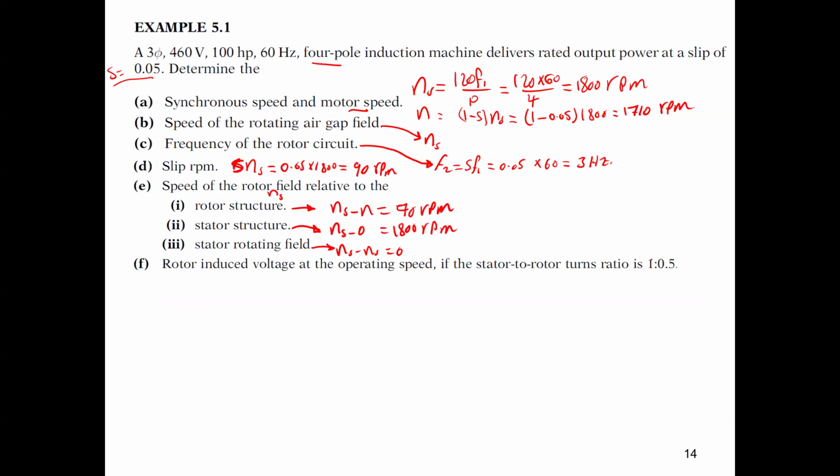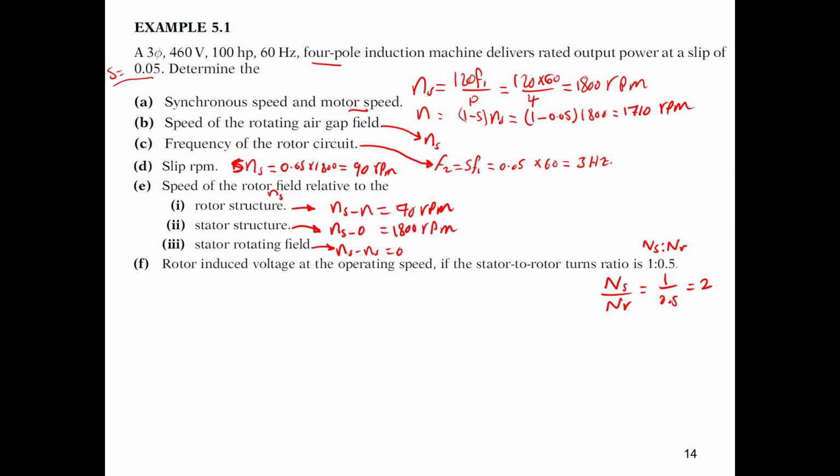So this is the turns ratio in stator to rotor. This is not speed, this is number of windings. So you can say N stator divided by N rotor equals 1 divided by 0.5, which is 2. So this is the turns ratio of our induction motor windings.